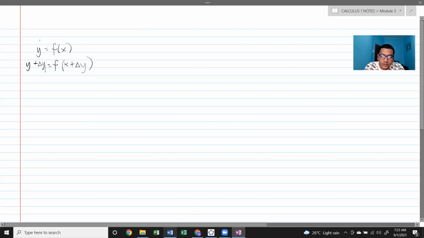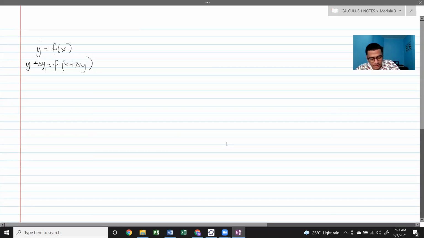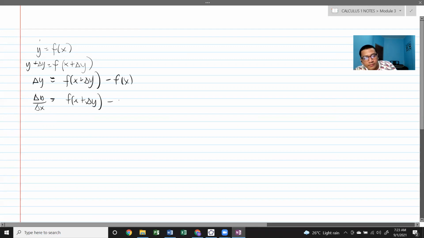Now, to solve for the derivative here, we isolate first the delta y. So we have delta y equals f of x plus delta x minus f of x. And we divide this by our delta x, so we have f of x plus delta x minus f of x over delta x.